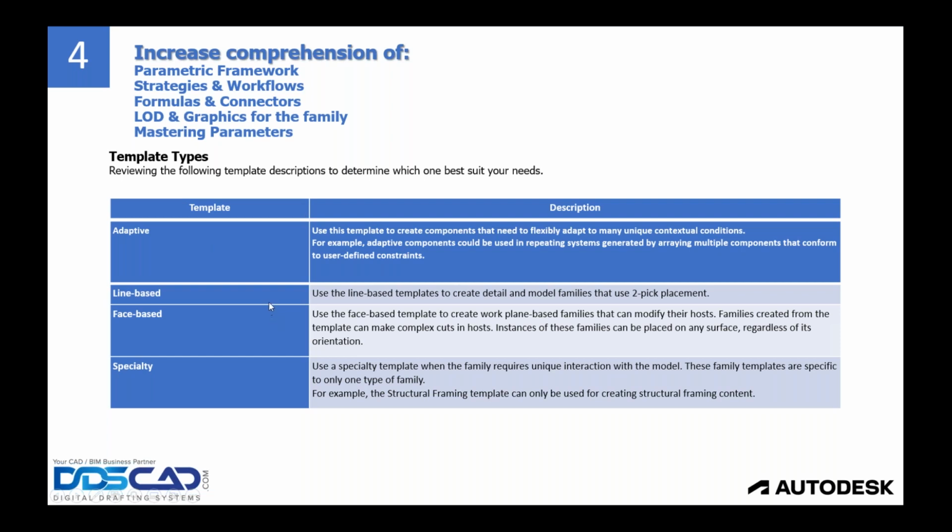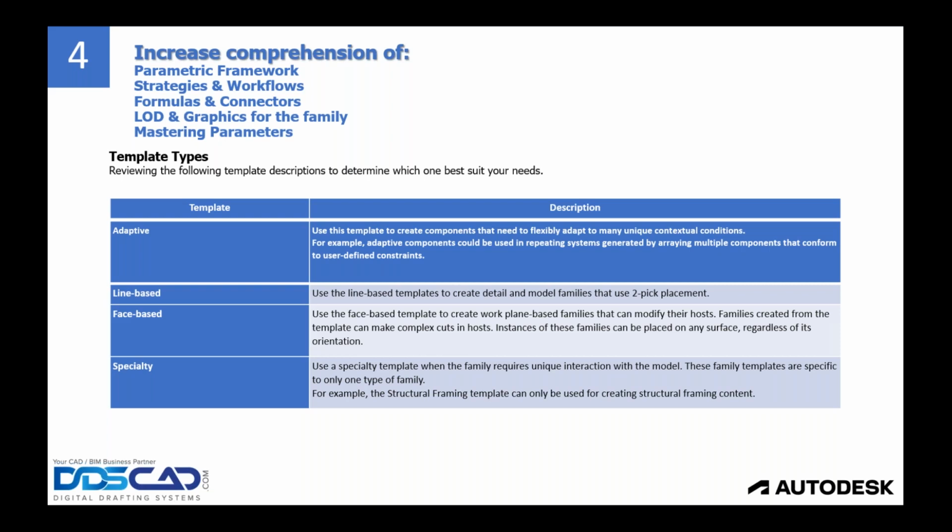There are some other template families like adaptive. Now we're talking about something more, that's what I highlighted differently here. It's something more for contextual conditions design, for a much more broad and high level of working with families. There are many experts working with that and creating really beautiful things.